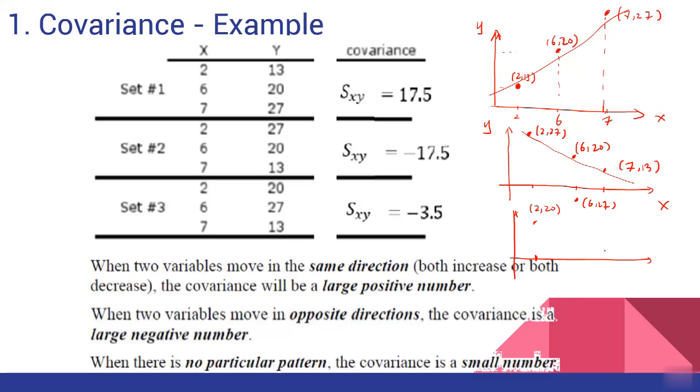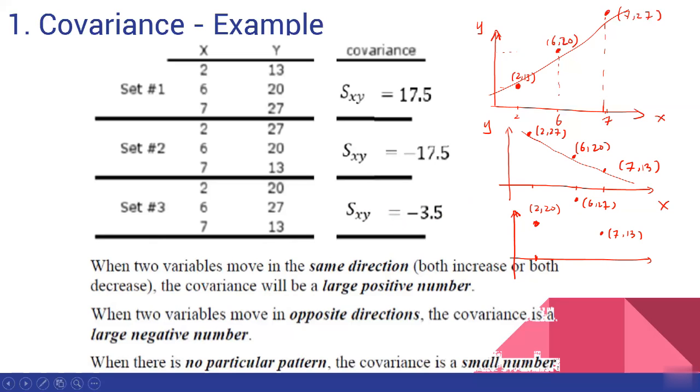Next, we get 713. 713 is here. Okay, as you can see here, there is no particular pattern, right? As x increases, y could increase or decrease. There is no apparent pattern. So in this case, normally you will get a small number around 0.